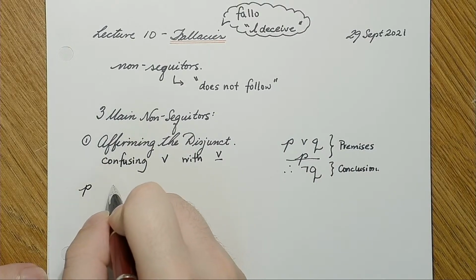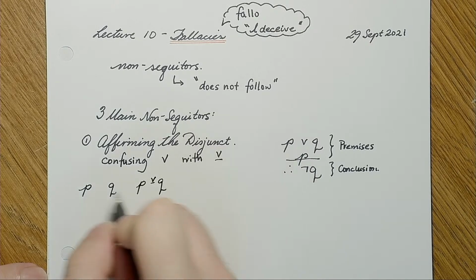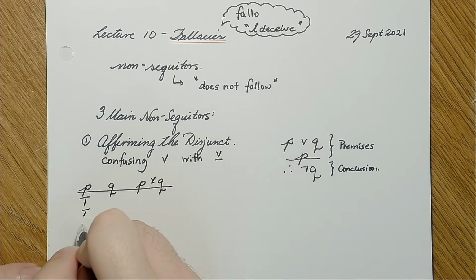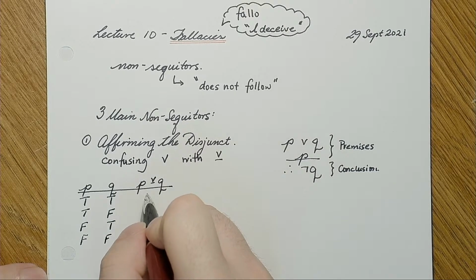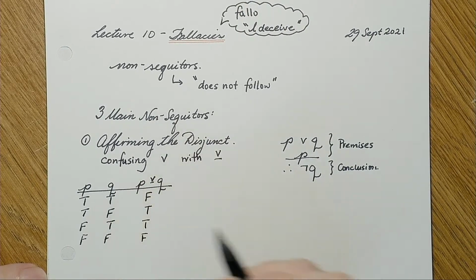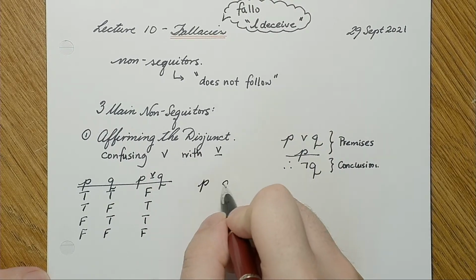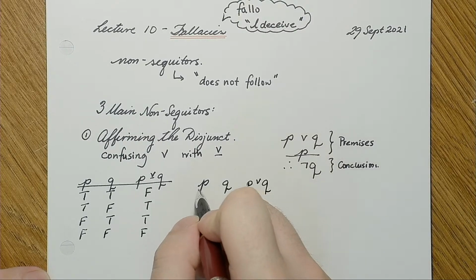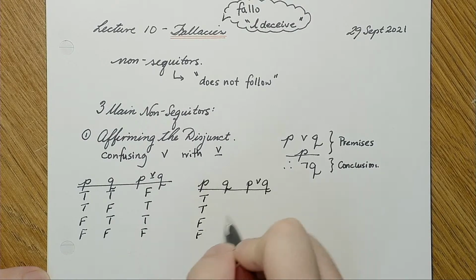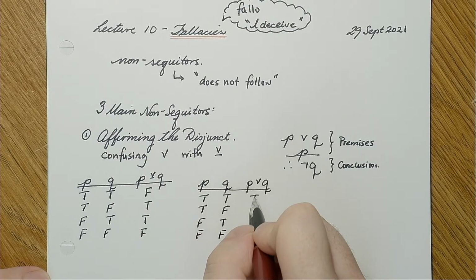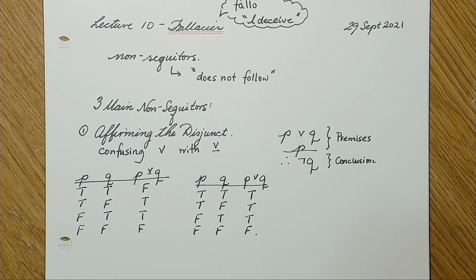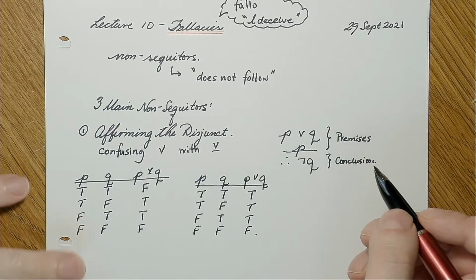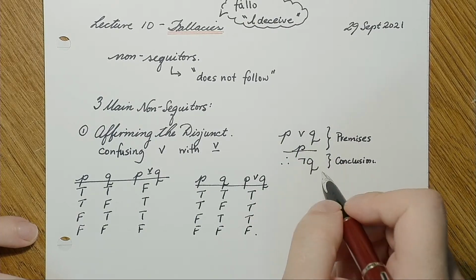Remember when we had P and Q, the exclusive disjunct was when only one proposition was true, whereas the regular disjunct is different. Just because we affirm one event doesn't mean it disqualifies the other proposition.